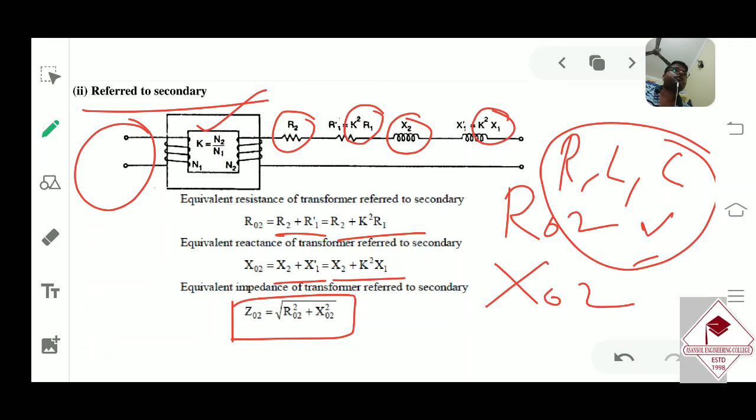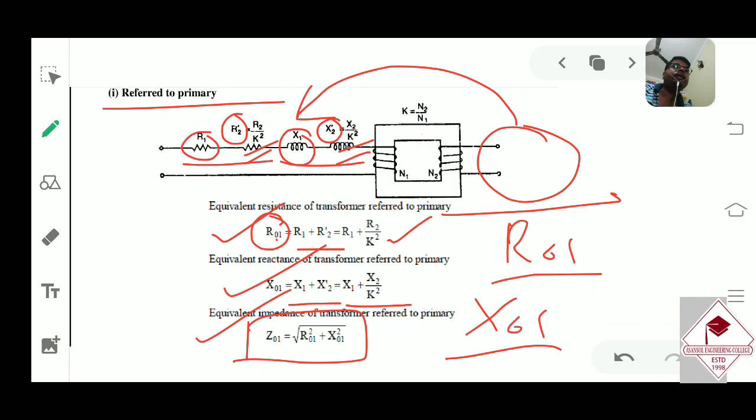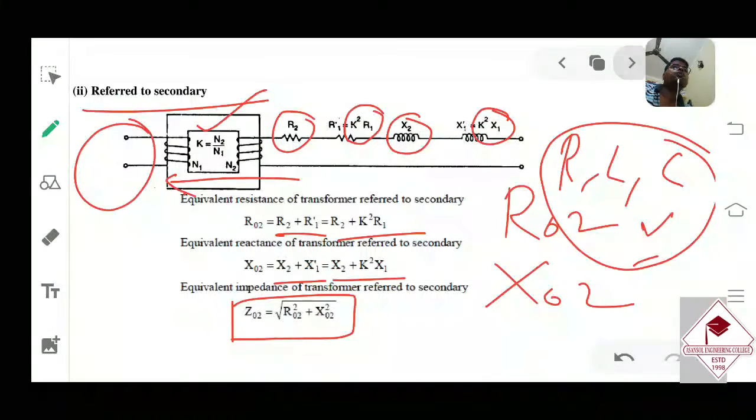So to remove this core, we are pushing it to either this side or this side, just to move that core. This is our objective, so that we can remove the core and get a final equivalent circuit. So let us proceed for that.